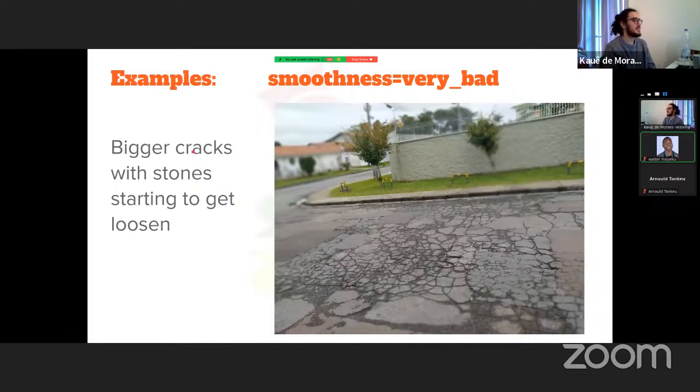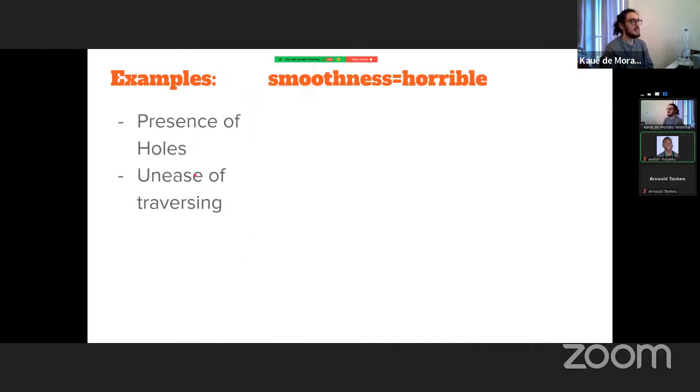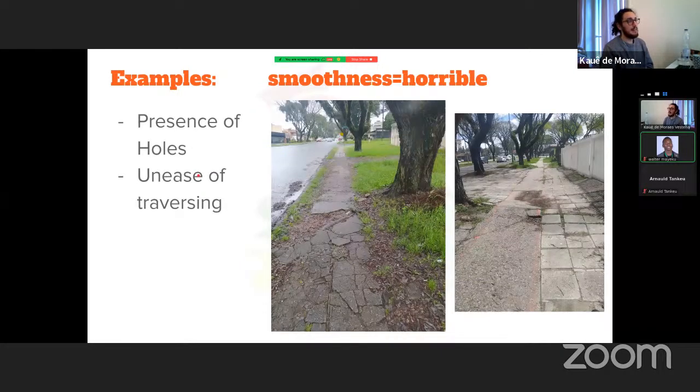Very bad is where you have bigger cracks and the stones are starting to get loose. Horrible is where you have unease when traversing.